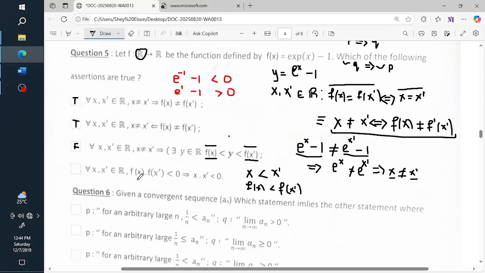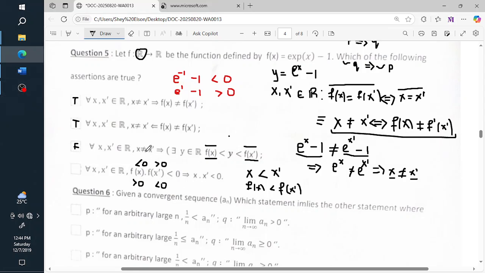So we can have f of x being negative and then f of x prime being positive, or vice versa, we can have f of x being positive and then f of x prime being negative. Let's analyze those two situations.